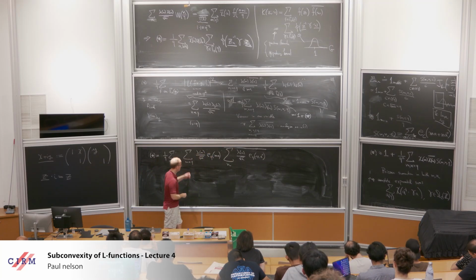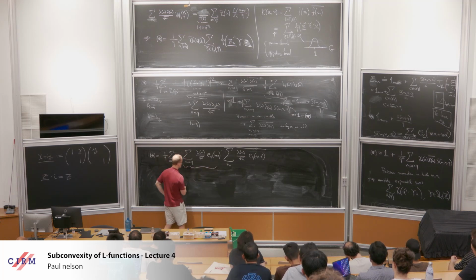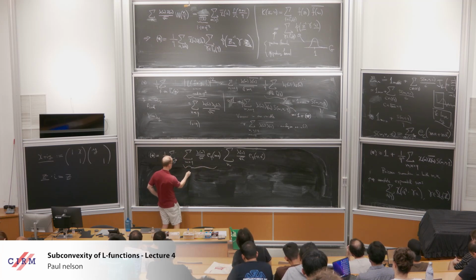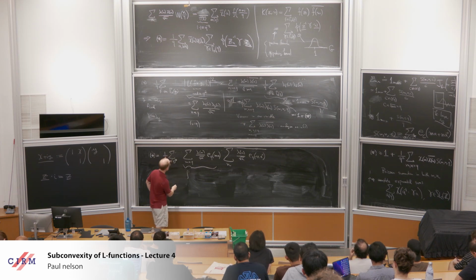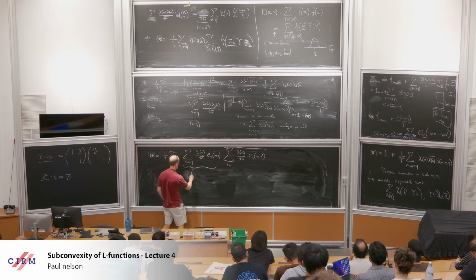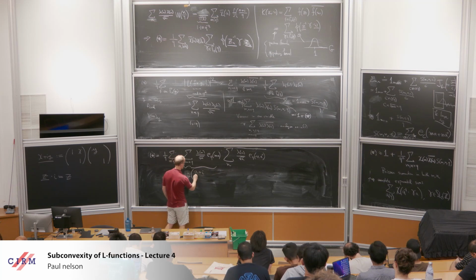Okay. But now these sums we've already seen in some form. So this is essentially f, sorry, I guess it's g now. So it's this modular form g that lambda is the coefficient of, evaluated at a plus i divided by q.